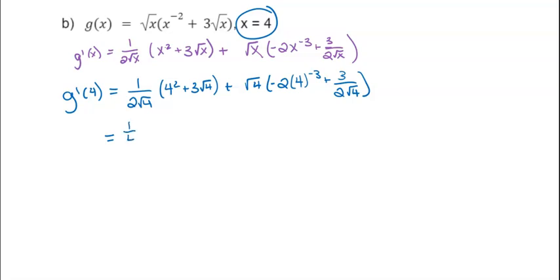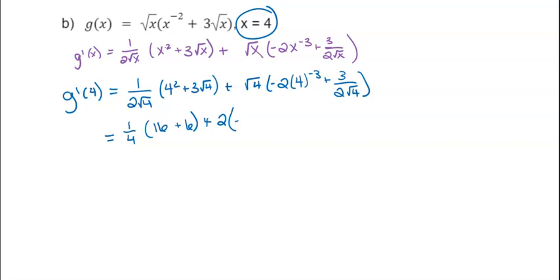So this is 1 over 4. This is root 4 is 2, so 3 times 2 is 6. Root of 4 is 2. 4 times 4 is 16 times 4 is 64.